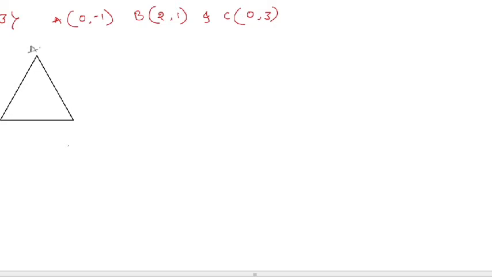Say it is A, B, C. Coordinates of A are 0, minus 1. Coordinates of B are 2, 1. Coordinates of C are 0, 3. One more triangle is formed here by joining the midpoints of AB, BC and AC.